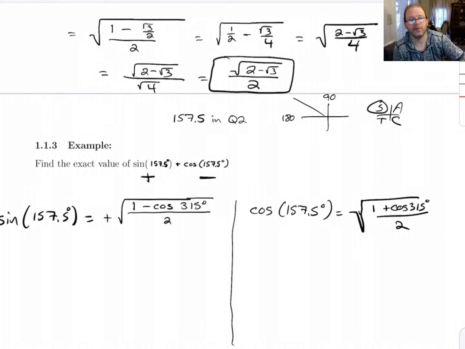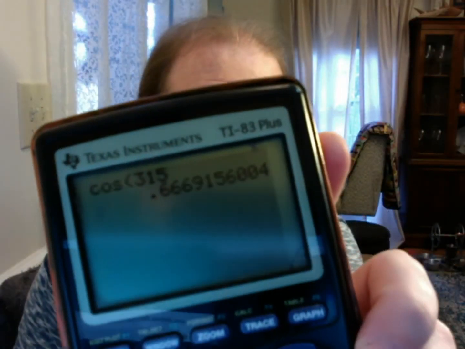Okay, cosine of 315. I'm going to take the cheap way out, just put in cosine of 315 on my calculator, and I get a weird number. I get a weird number here because I'm still in radian mode. So let me switch back to degrees. Now when I do cosine of 315, I get something familiar.